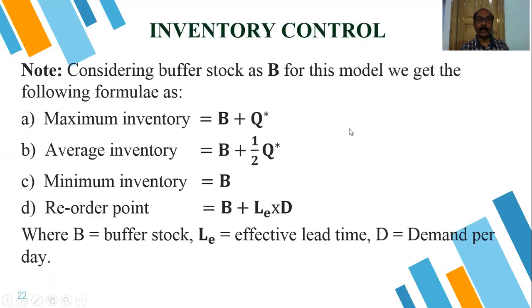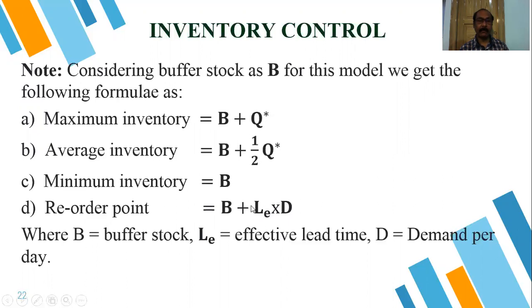And when we are placing the order, that is the reorder level. Reorder level, we already learned, buffer stock plus LE into D. That D is not whatever we learned in this model 1. That D basically is per day. What is the requirement per day? Because LE we are counting as days.